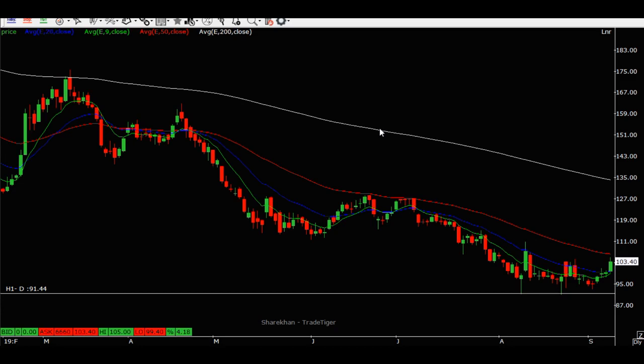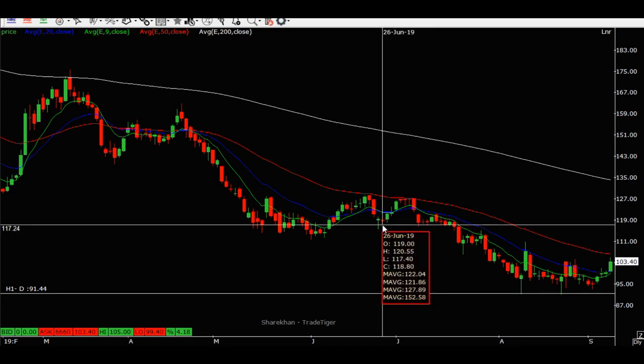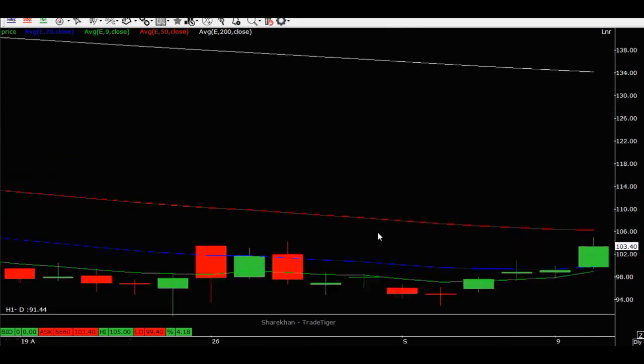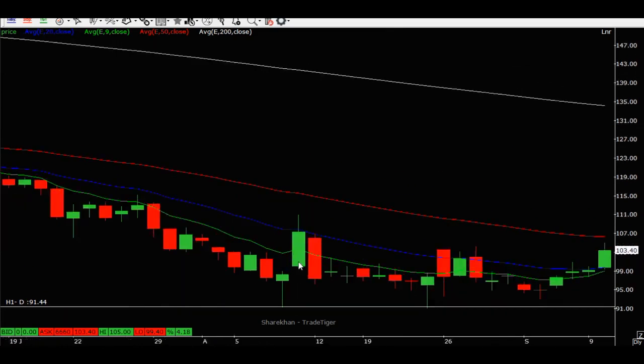Okay, now as I said, moving averages also act as support and resistance. We're on the daily time frame, guys, which means each candle represents one day, like 26 June, then 27 June, and so on. Whatever happened for that particular trading day from 9:15 to 3:30 is represented in that single candle.